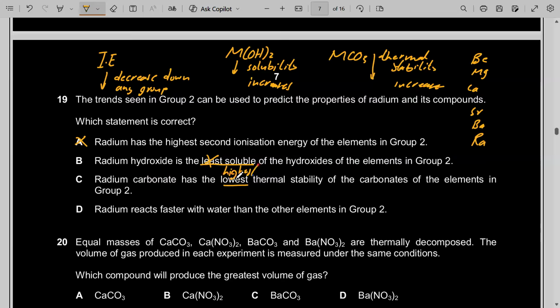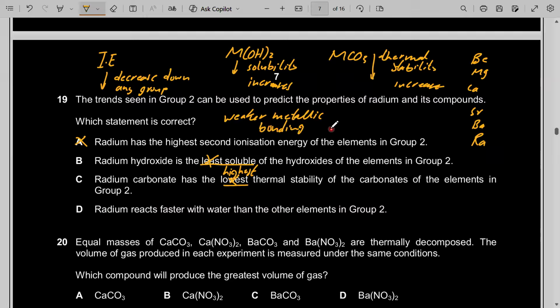So this is wrong. And then D says radium reacts faster with water than other group 2 elements. So yes, moving down group 2, the reaction of the element increases. The reason is the weaker metallic bonding down group 2.